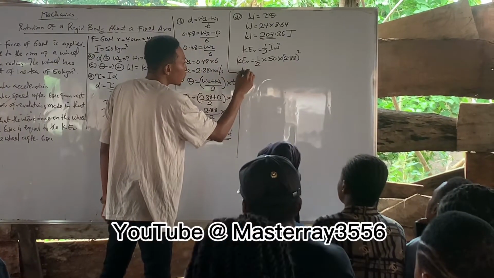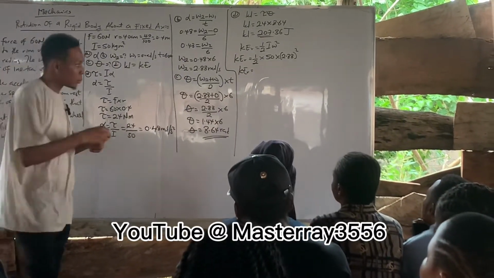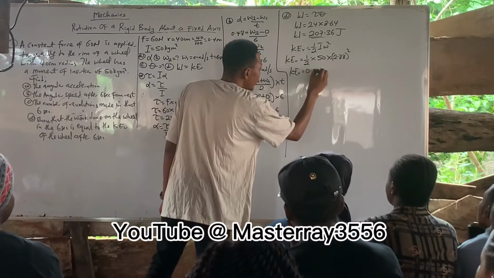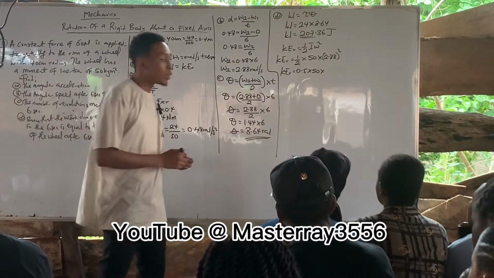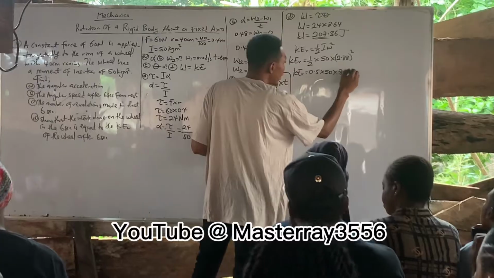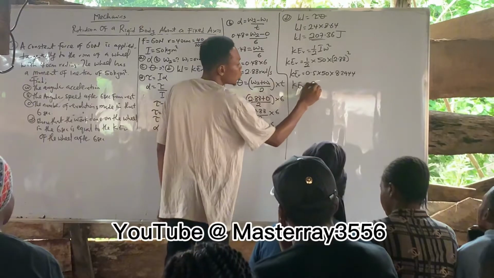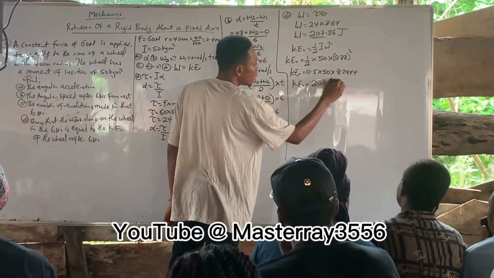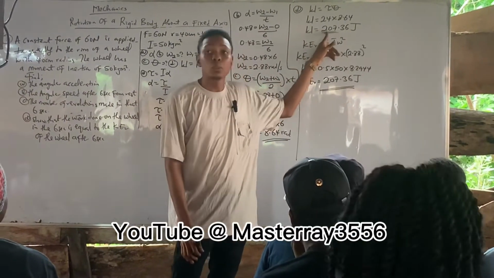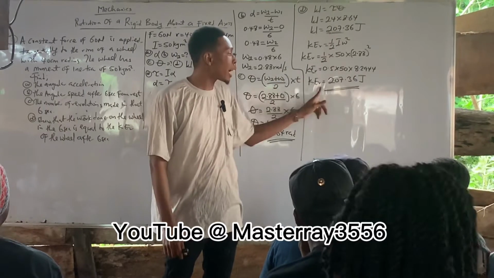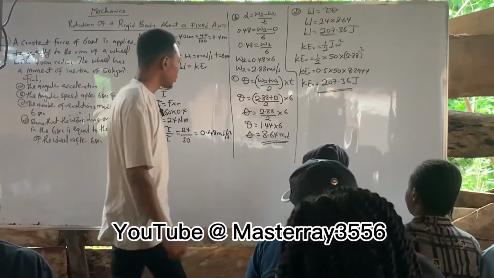So our KER will be equal to half, which is stated as 0.5, times 50 times 2.88 squared. We have multiplied this and got 207.36 joule. Now if you observe, what do you have in your work done? And what do you have in your rotational kinetic energy? That means the work done is equal to the rotational kinetic energy. Alright, so you can copy that.